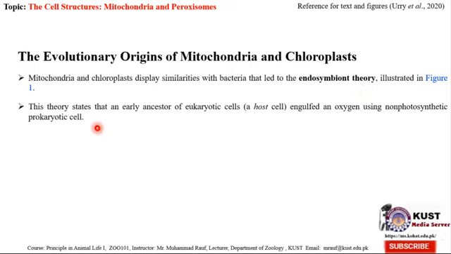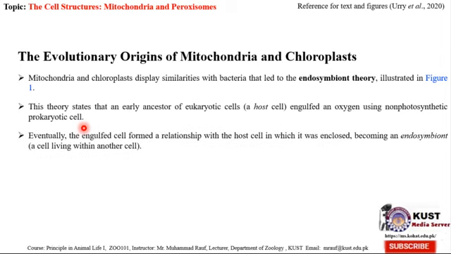This theory states that an early ancestor of eukaryotic cells, a host cell, engulfed an oxygen using non-photosynthetic prokaryotic cell, and thereafter it established a beneficial relationship with this non-photosynthetic prokaryotic cell.